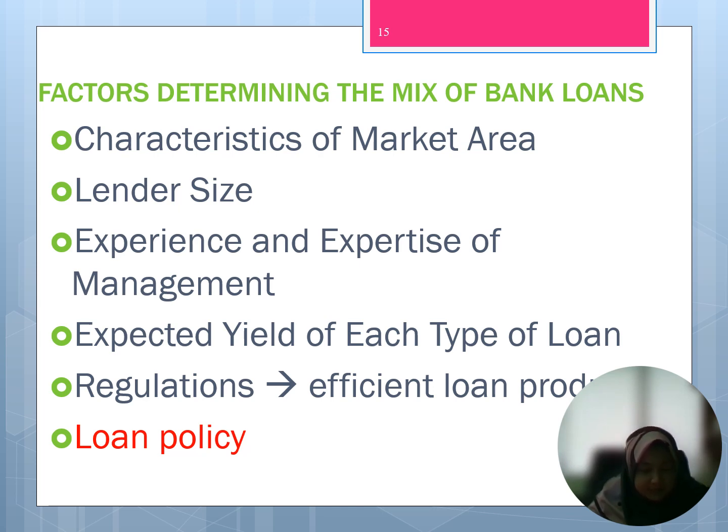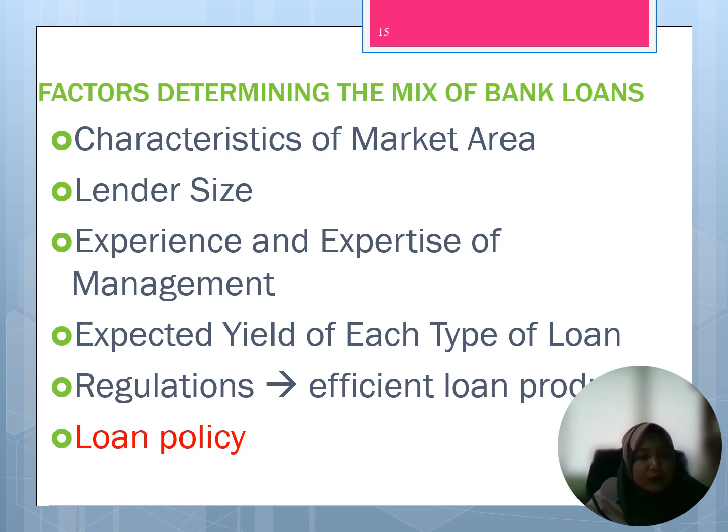And lastly, the loan portfolio is also determined by loan policy. For example, if the loan policy focuses on higher income loans, the loan portfolio should have more higher interest rate loans.